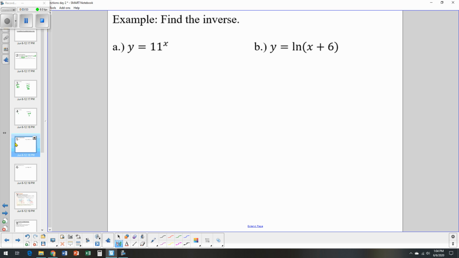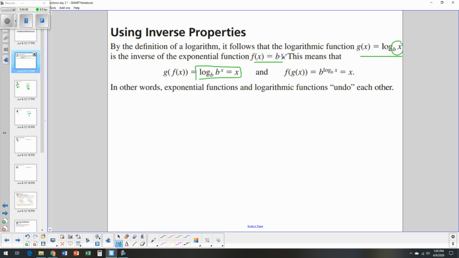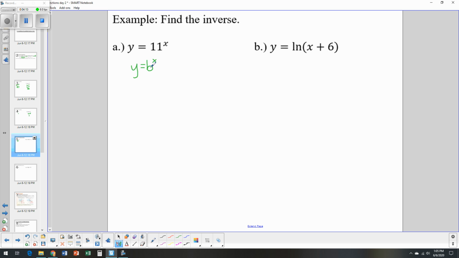Now we're going to focus on finding the inverse. If it's written in the form y equals b to the x, from the very beginning, we said y equals b to the x is the inverse of log base b of x. So I don't really have to do any work. If it's y equals 11 to the x, my inverse is going to be y equals log base 11 of x.